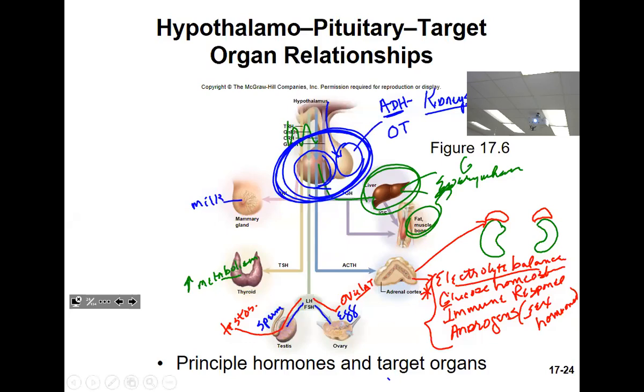That's the letdown response, and milk is being ejected, pulsating out. That's because of oxytocin. Oxytocin targets the mammary glands for the ejection of milk. It causes the letdown response.